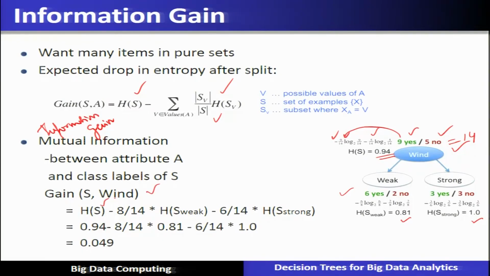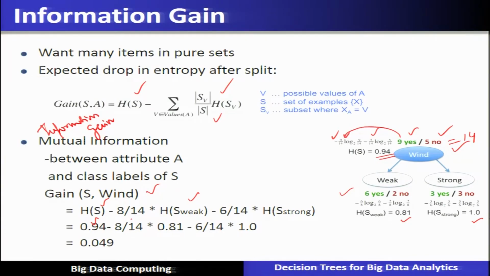So H(S) is basically the entropy of wind, that is 0.94, and then for the weak case it is 0.81, and it will be weighted by 8 upon 14.